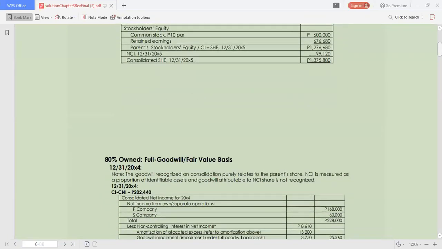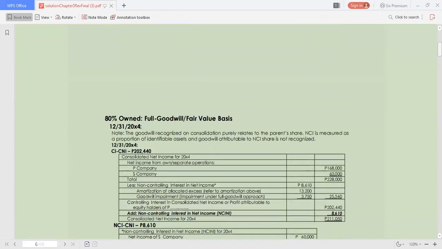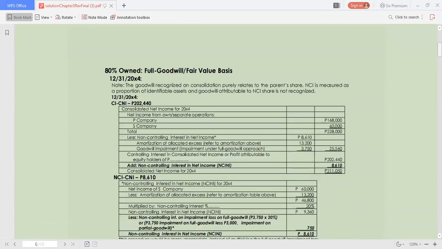Now for the 80% owned full goodwill fair value in 20x4, the consolidated net income is consolidated net income from own or separate operations of P Company and S Company.